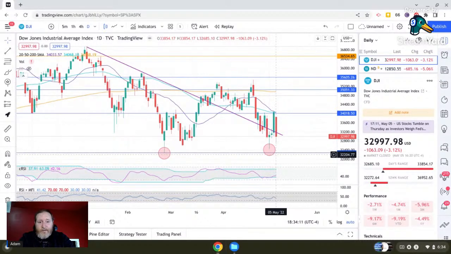So for every one stock that was green, there were 8 stocks that were red. That's saying something. What could a message like that be saying? Add all these things together that I've said so far about the market. What could all of these things be saying?